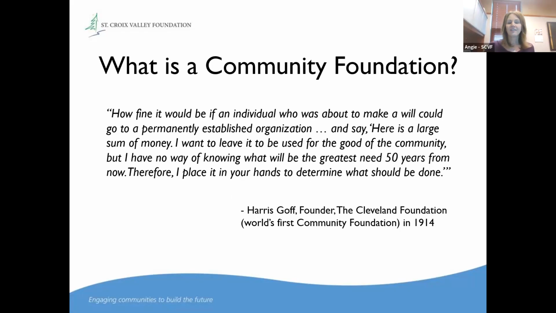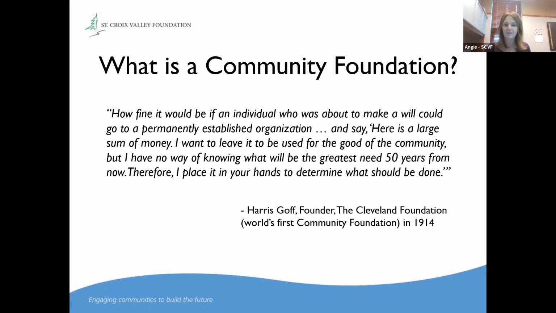Okay. First, the Community Foundation 101. So what is a community foundation? And I have a quote up on this slide from Harris, I think Joff is how I say his name. He's the founder of the Cleveland Foundation, actually the world's first community foundation back in 1914.